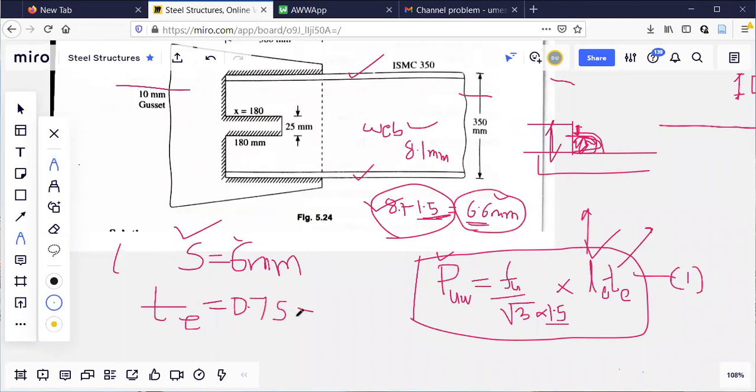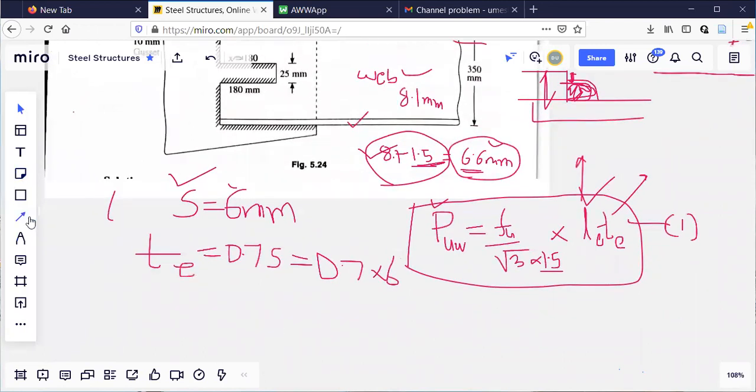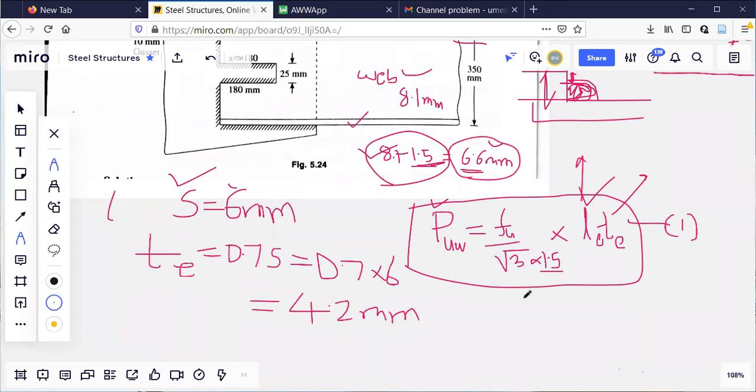So how much is T? T is equal to 0.7 times 6, again 4.2 mm only, whatever we used in the previous example. Okay. Now the problem is simple. Your job is to substitute 4.2 here, LE as it is, and the rest of the values. PUW should not be in kilonewton.